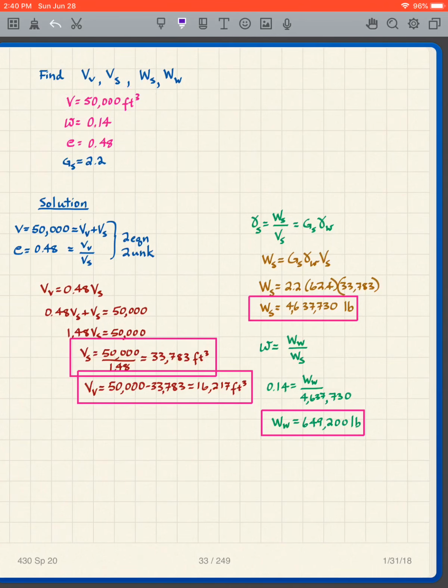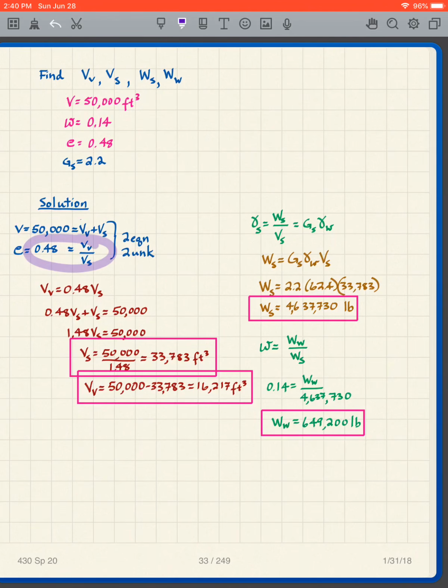The volume, 50,000, is equal to the volume of the voids plus the volume of the solids. The void ratio of 0.48 is the volume of the voids over the volume of the solids. That means I have two equations, two unknowns. I can solve for the volume of the voids and volume of the solids.